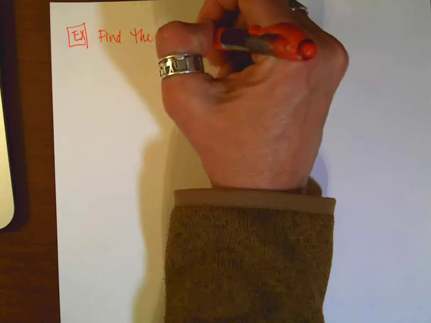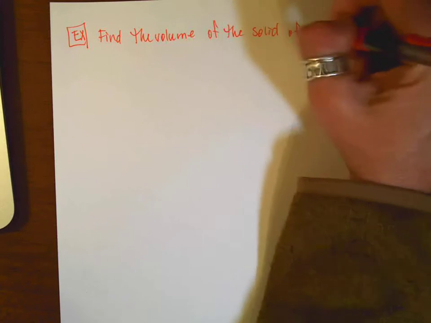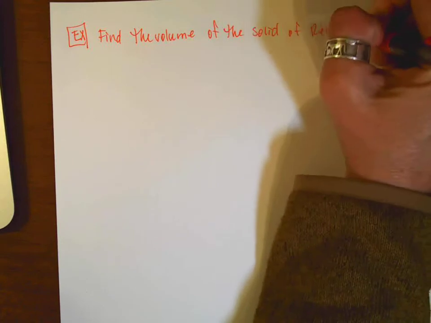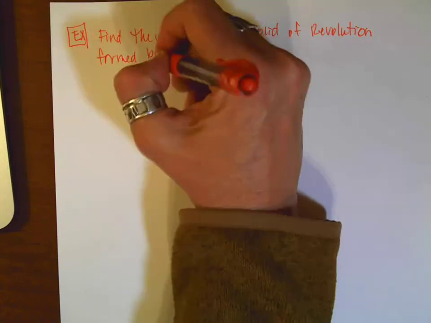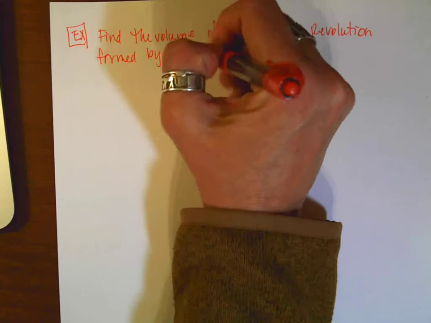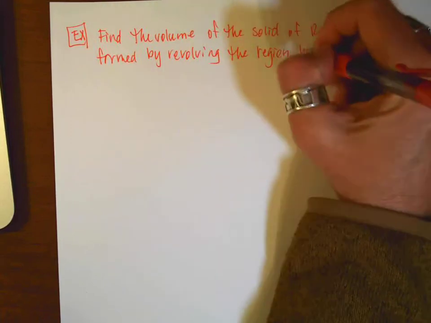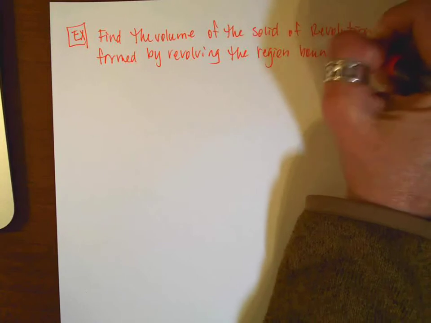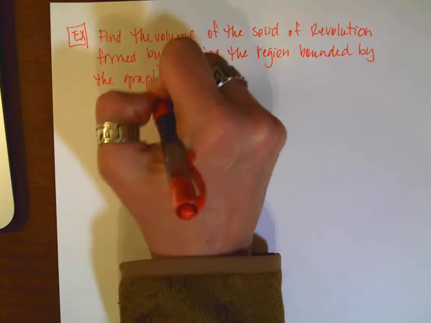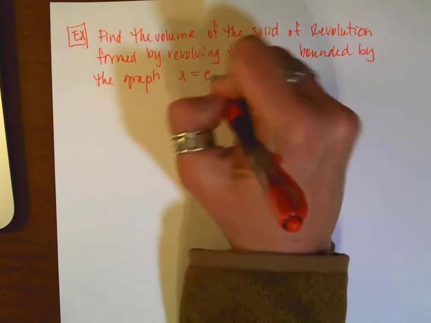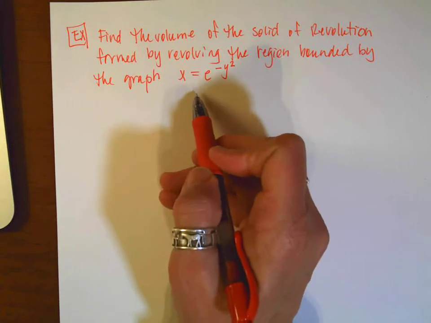I want to find the volume of the solid of revolution. Whew, that's a lot of words to have to write. Formed by revolving the region bounded by, and then we're going to have the graph, kind of cool looking. x is equal to e to the negative y squared.